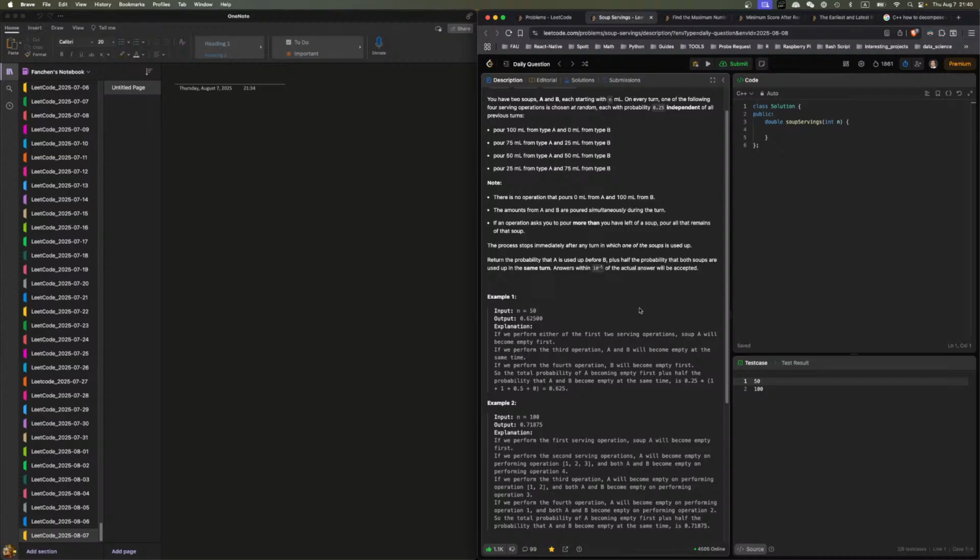What's the total number of moves? If we perform the second serving, 75, A will become empty on performing 1, 2, 3. And both A and B empty will be performing 4.